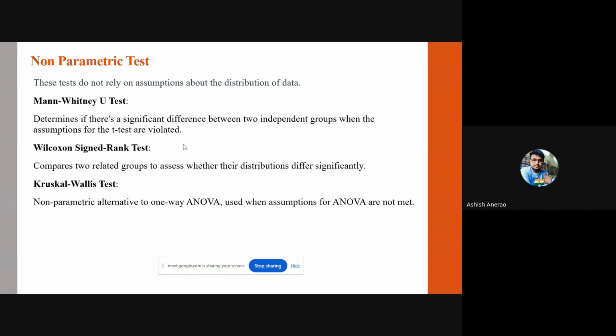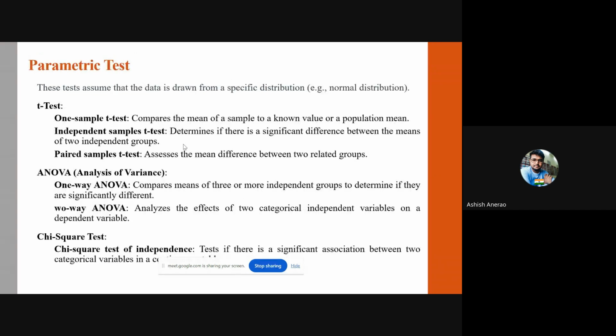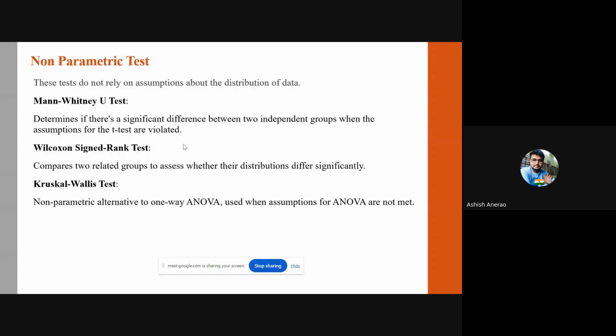Similar to the previous slide: one sample t-test when we have a population and a sample, independent sample t-test for two independent samples when we want to compare their means. But when we have three samples and our data is normally distributed, we use ANOVA. In this condition our data is not normally distributed, but we want to compare more than two samples, so we use the Kruskal-Wallis test.